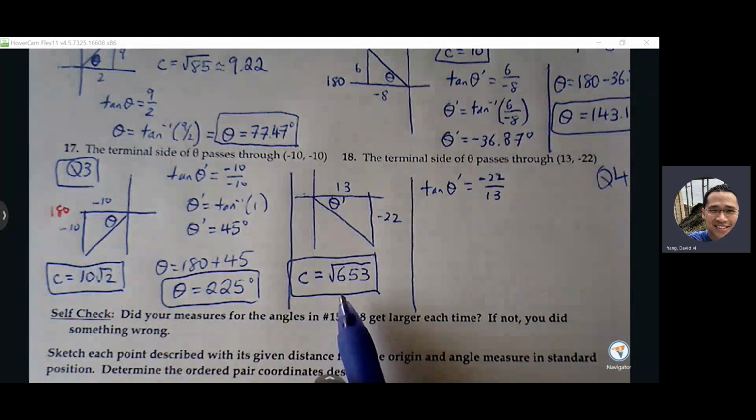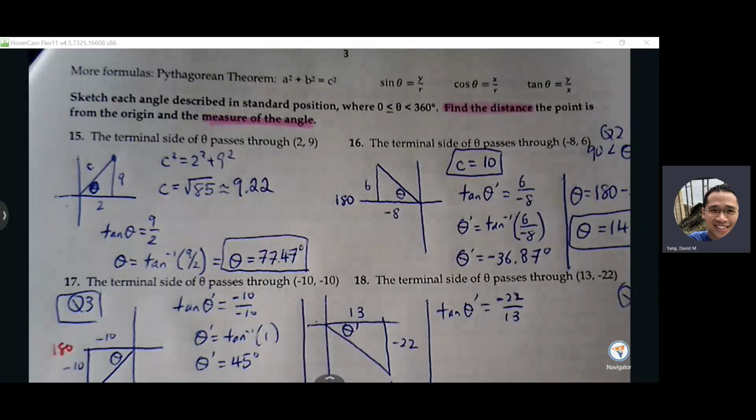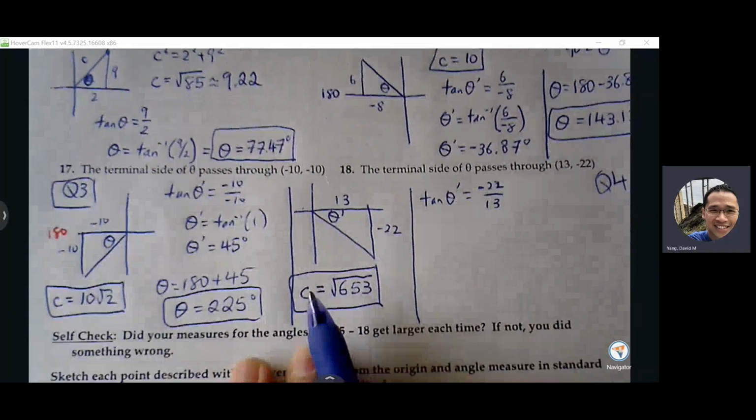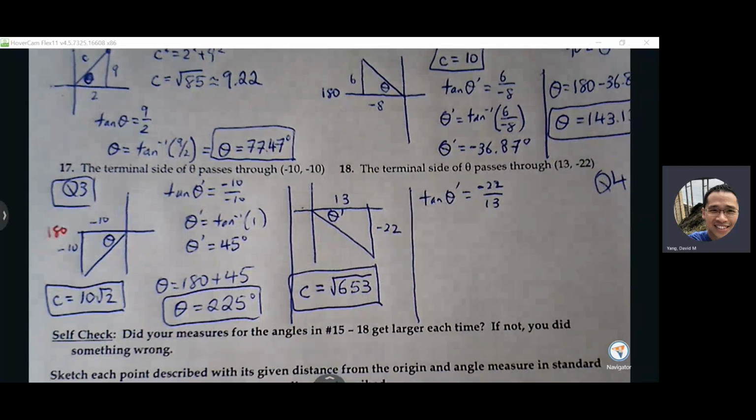That's fine. Well, let's see. It doesn't specify, but I'm leaving it as an exact value.